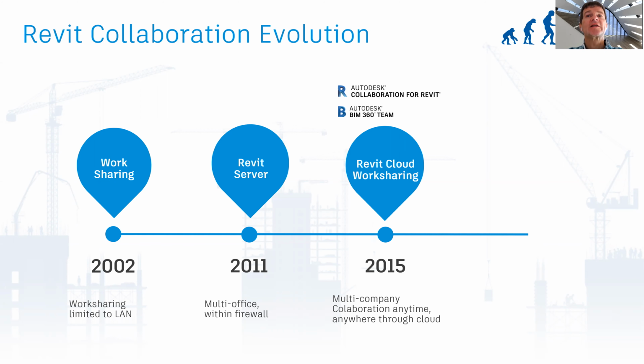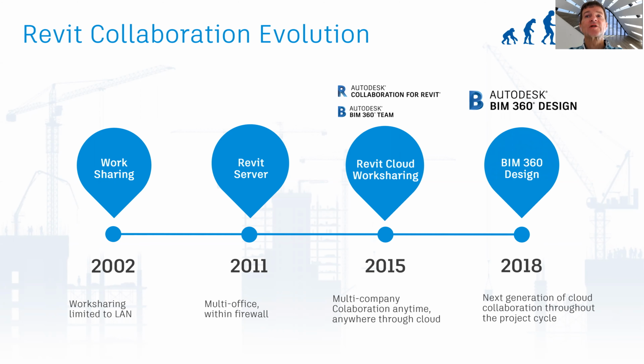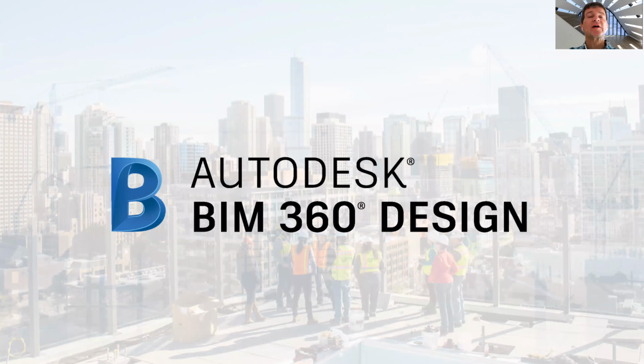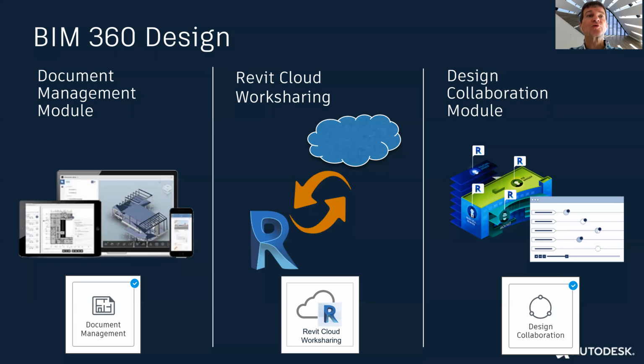So we decided to move, and in 2018 we came with BIM 360 Design, which is really the next generation of cloud collaboration based on the new generation of BIM 360. So let's have a look at what BIM 360 Design can do for you and how you can use it.